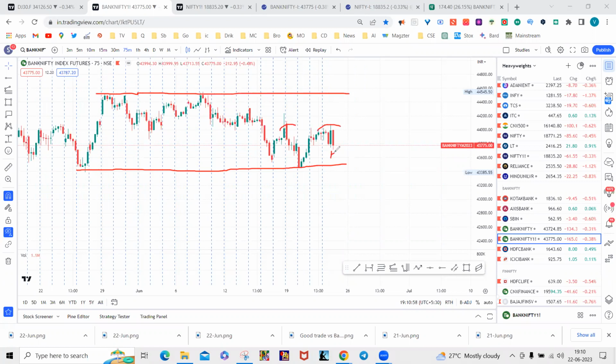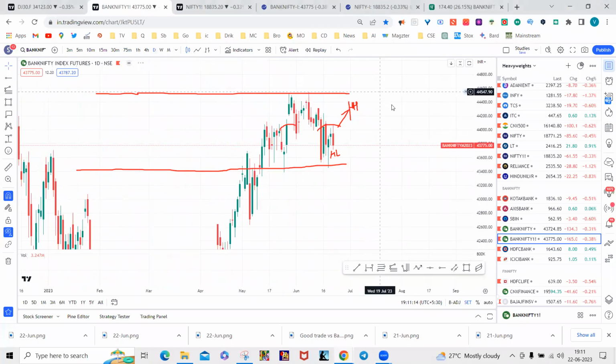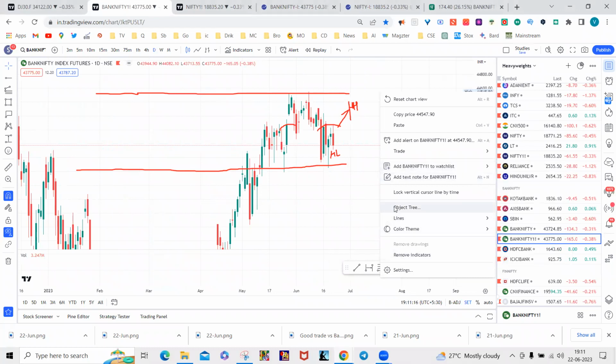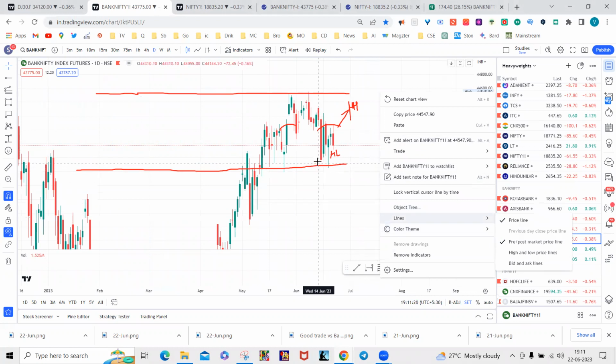Once the price breaks this, it makes a higher high, and then you could see a change of structure on the 75-minute time frame, which would gradually reflect on the daily time frame. Because on the daily time frame, Bank Nifty is still in a pretty range bound phase, and because of its weakness, it is not able to go up compared to the Nifty.